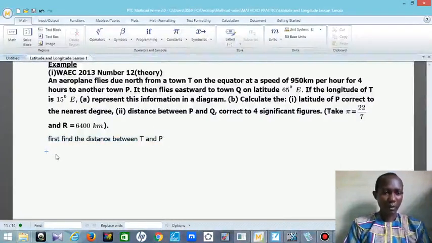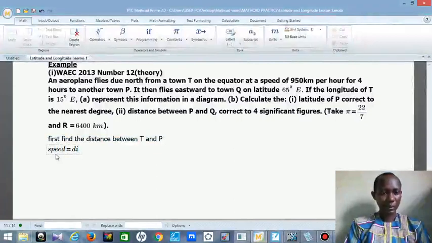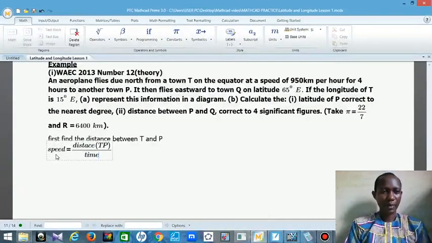So how do you get that? You remember our formula for speed? Speed is equal to distance over time.